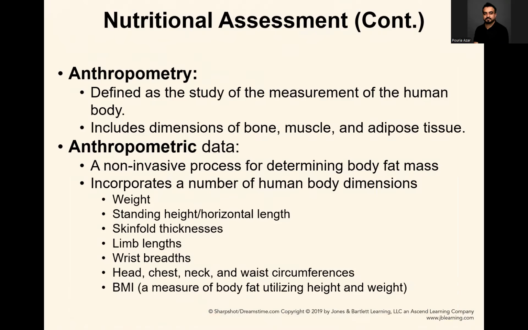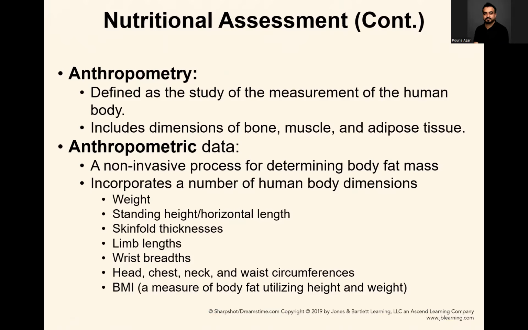So when we say anthropometry, it's the study of the measurement of the human body, like bone, muscle, and adipose tissue, or body composition. It can include body weight, height, BMI, waist circumference, head, chest, and neck circumference, skin fold thicknesses, which measure subcutaneous fat.